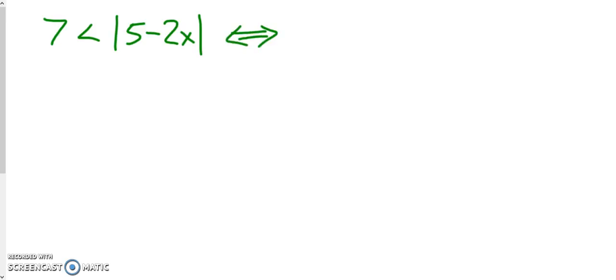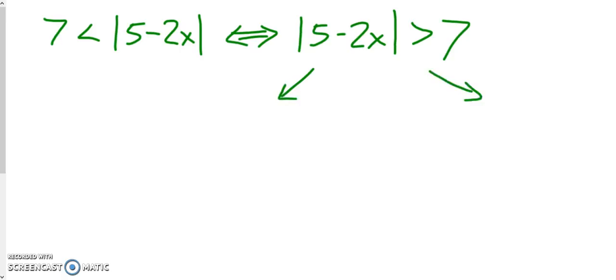What would be equivalent? What's the other one?